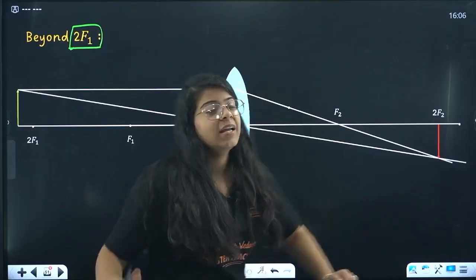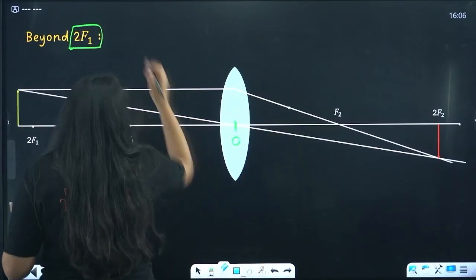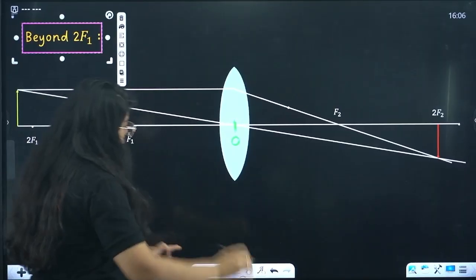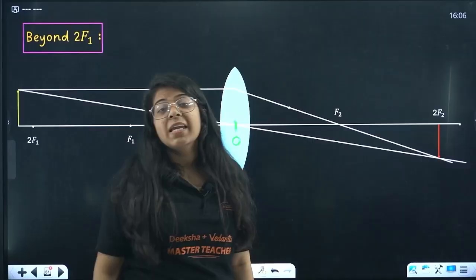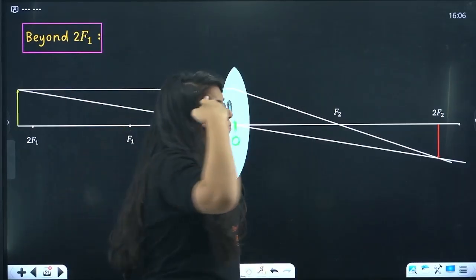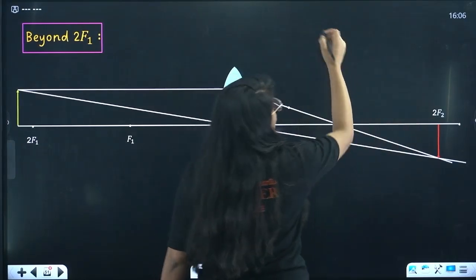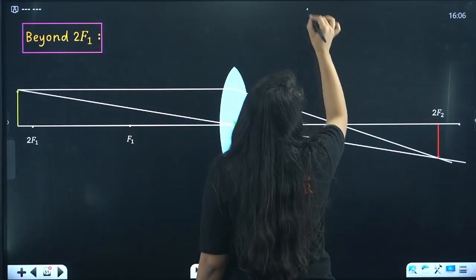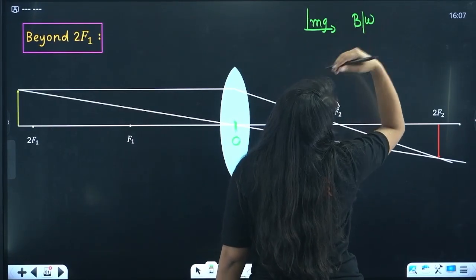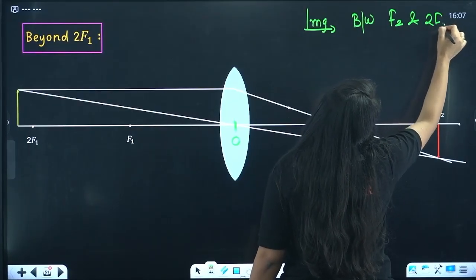And similar here, see, the object is beyond 2F1, beyond C. In that case, if it was beyond C, the image will be between C and F. Here C is 2F2. Just remember that. Here the image will be between F2 and 2F2.